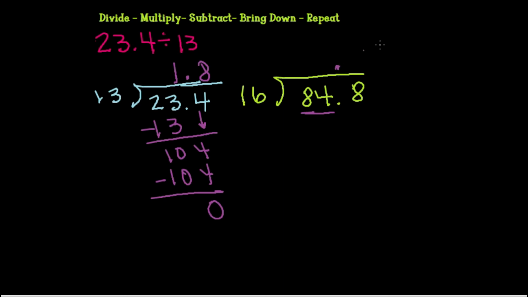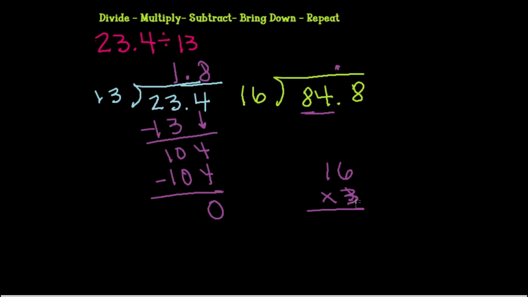Once again, we can try numbers between 1 and 9 to find a number that brings me close enough or exactly to 84. I'm going to start by trying 3. Let's see how that goes. Let me try and multiply 16 times 3.